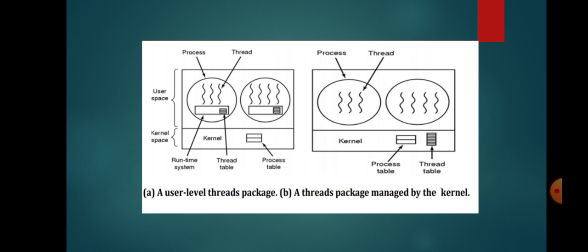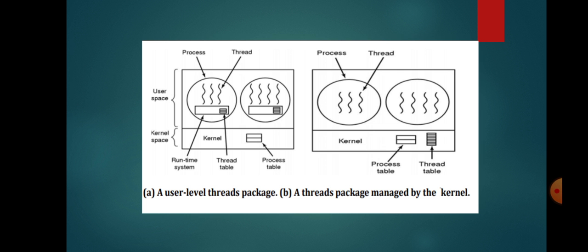Now you can see here a diagram of user level threads and kernel level threads. The left one is the user level thread. In this diagram, user space is shown, meaning the threads run under this mode only.